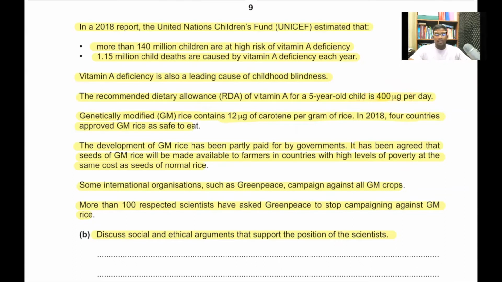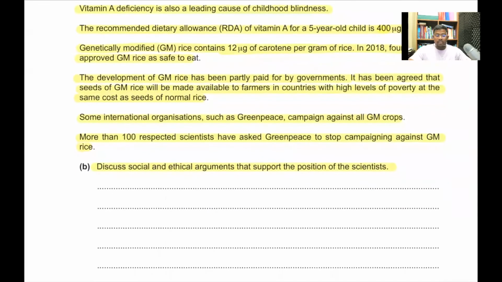This can help prevent childhood blindness, and thus it will help prevent death of children. The seeds are affordable and scientifically proven to be safe. Greenpeace continuing to campaign would cause waste of government money.